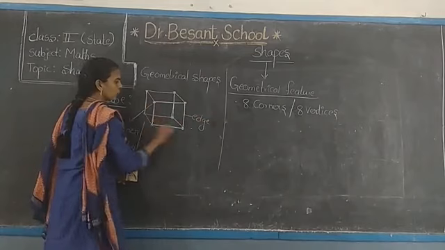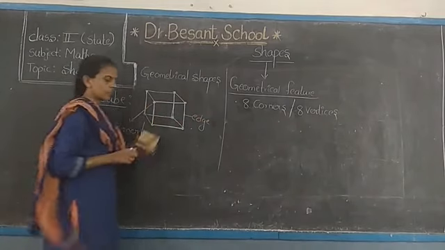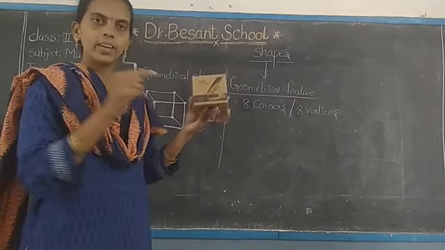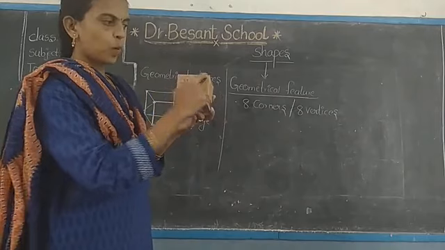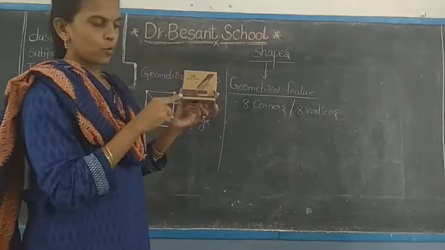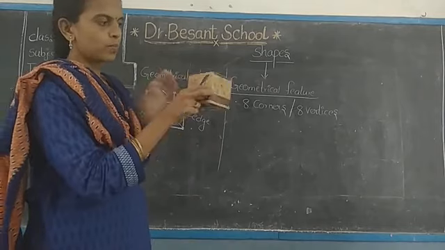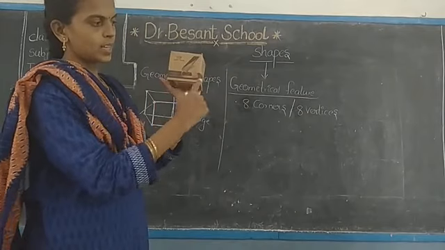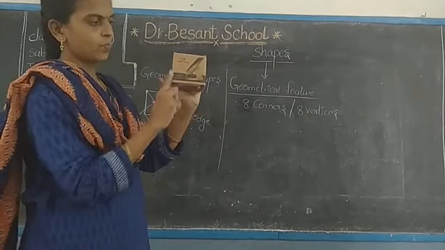Edges of a cube. Now count after me how many edges are there in a cube. Count 1, 2, 3, 4. Okay? 4. Turn to the back side. 5, 6, 7, 8.